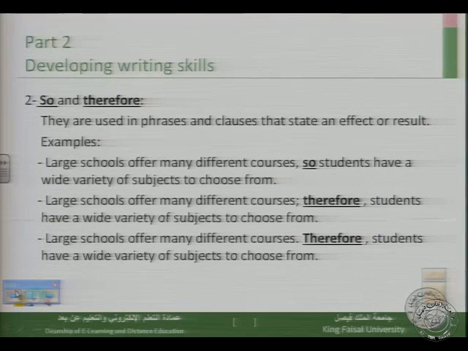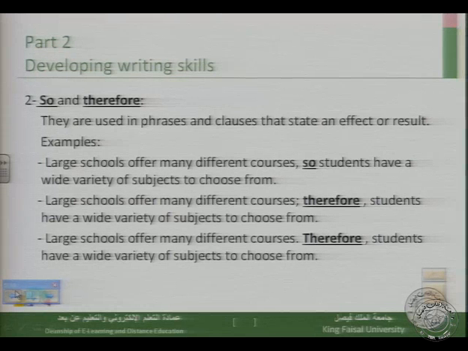The second example: large schools offer many different courses, semicolon, therefore, comma, students have a wide variety of subjects to choose from. And the third example using therefore: large schools offer many different courses, full stop, capital letter, therefore, comma, students have a wide variety of subjects to choose from.